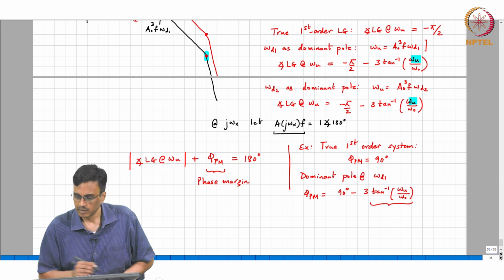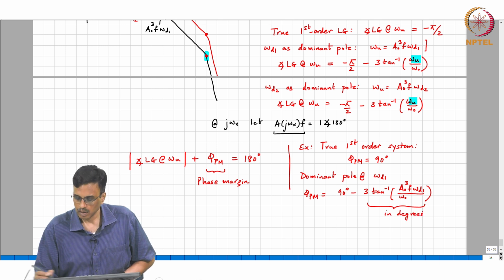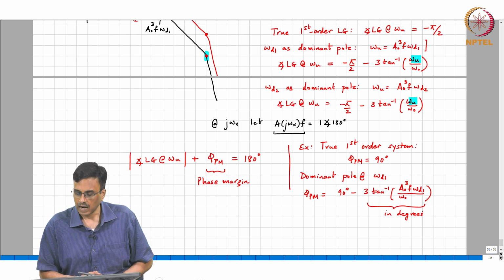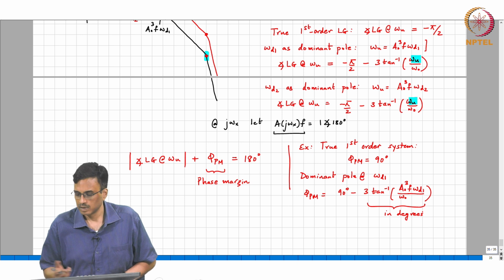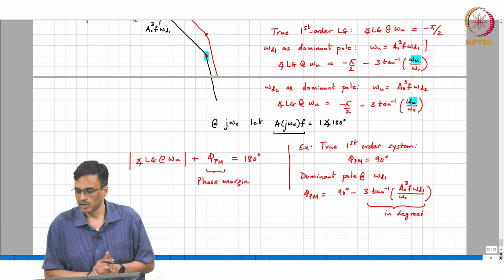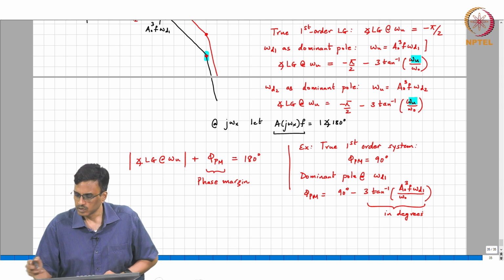Okay, which is basically 3 tan inverse a naught cube f omega d1 over omega naught. Okay, and for omega d2, 90 minus 3 tan inverse a naught cube f omega d2 over omega naught, right.